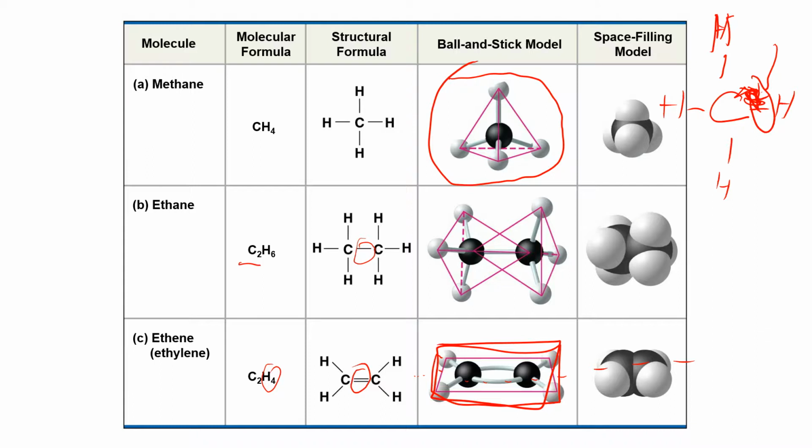As opposed to something like ethane, where all the atoms aren't found on the same plane. Some of your atoms are found above the plane, below the plane or going out in other directions. So double bonds and then triple bonds restrict the movement of the atoms in the molecule even more. The structure becomes more rigid.